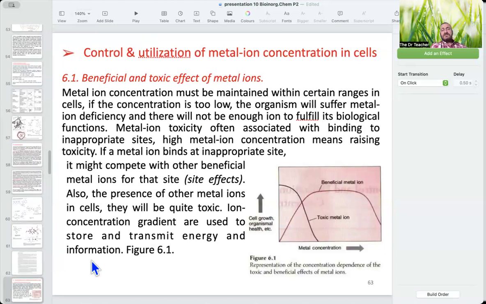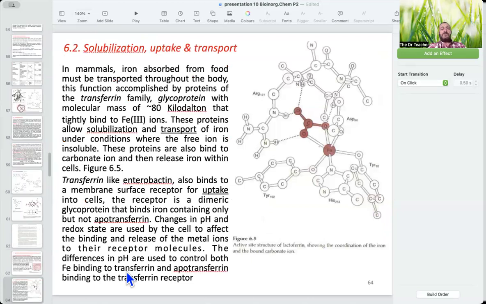Control utilizing metal ion concentration in cells. So what are the beneficial and toxic effects of metal ions? As well being studied, we have a presentation of beneficial metal ions and the toxic effects of metal ions. It depends on the metal concentration for the cell growth. Solubilization, uptake, and transport.